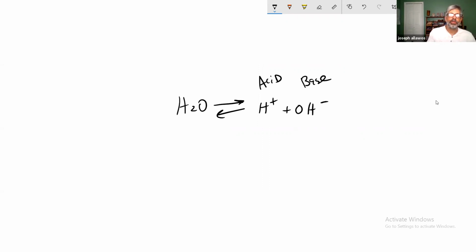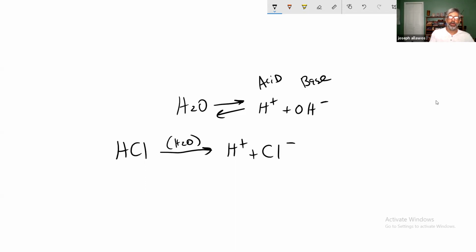It's really that simple. So let's take some hydrochloric acid, HCl. You know it's an acid, it's called hydrochloric acid, right? But if you dump that in water, it dissociates and you get this. So is hydrochloric acid an acid or a base? Well, you're getting an excess of hydrogen ions, that makes it an acid.